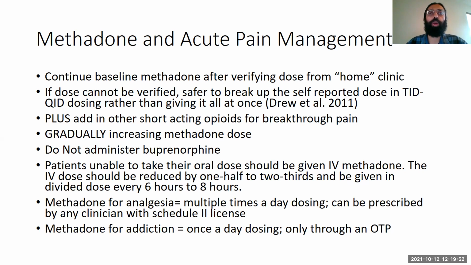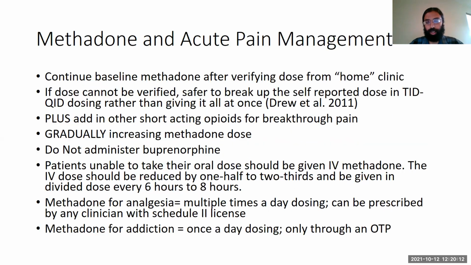Do not administer buprenorphine in a patient who's maintained on methadone, because the buprenorphine will throw them into withdrawals. If the patients cannot take their oral dose, IV methadone is certainly an option. However, you do have to do significant adjustments to the dosing of the methadone to make sure it's safe.